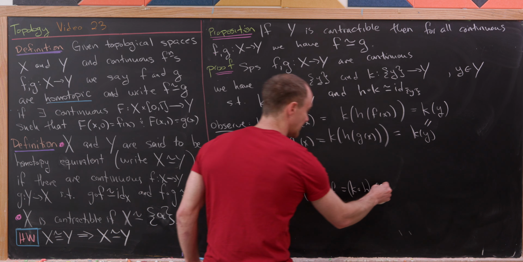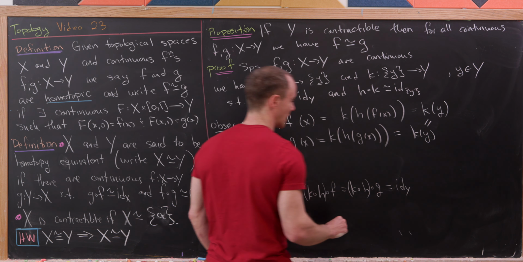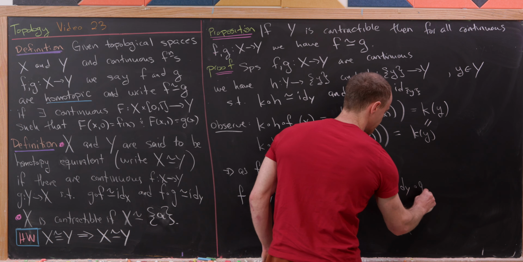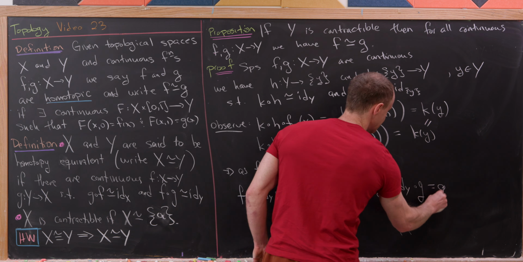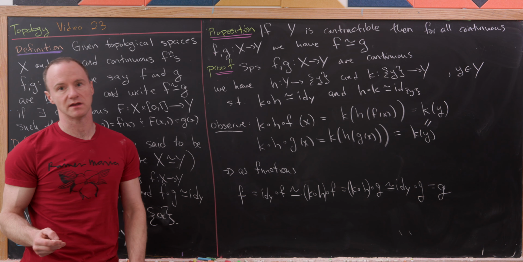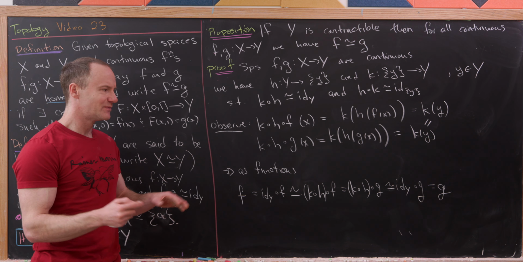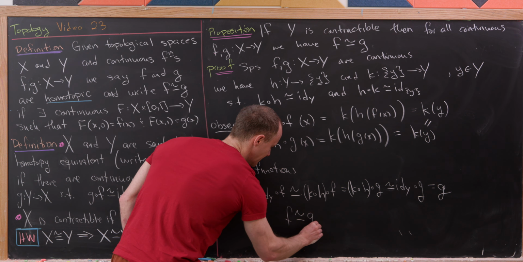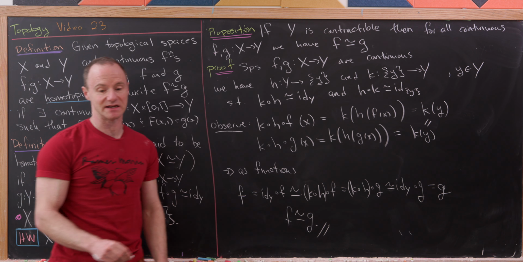And then over here, we've got the same thing going on. This is homotopy equivalent to the identity on Y composed with g. But that's equal to g, again, based on what the identity function does. But now kind of deleting everything in the middle, you'll see that f is homotopy equivalent to g as needed.